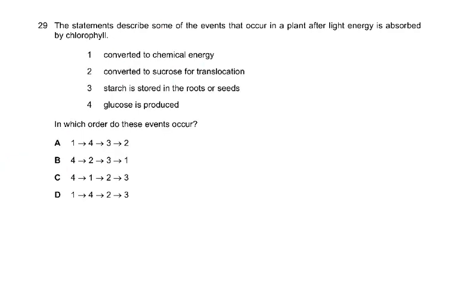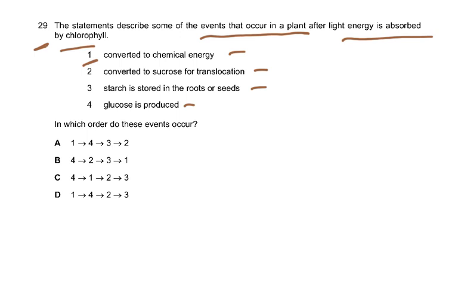Question number 29. The statements describe some events that occur in a plant after light energy is absorbed by the chlorophyll. Converted to chemical energy, converted to sucrose for translocation, starch is stored in the roots or seeds, and glucose is produced. Now, the first thing we've got to say, light energy is converted to chemical energy.